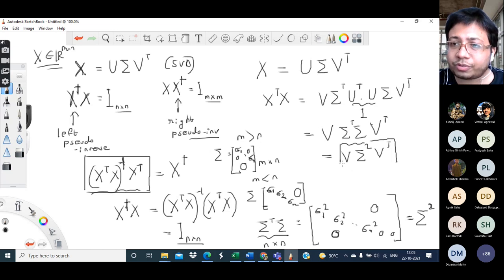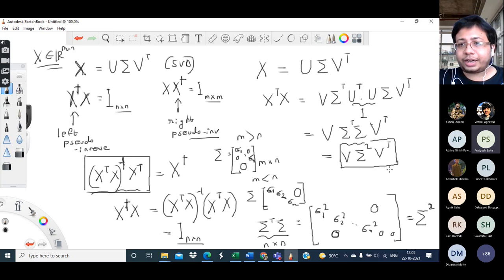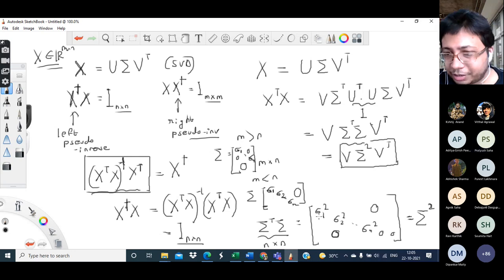What is the condition of a matrix being invertible? It should have linearly independent rows and columns. That means it should be non-singular. Correct, what all you are saying is correct.